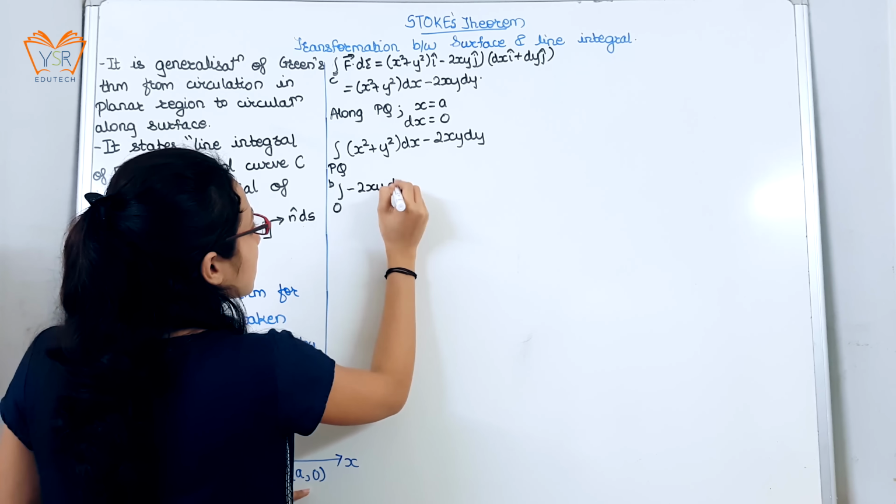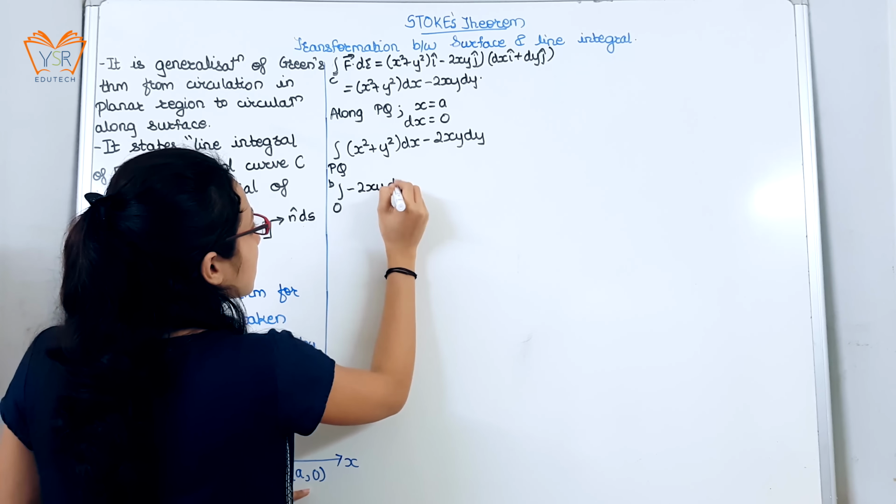Integrating this we get minus 2x y square by 2, limits are 0 to b. Substitute the upper limit, we get b square, this 2 will get cancelled, and from here we have x equal to a. So along the line PQ we have got the value of the line integral as minus ab square.